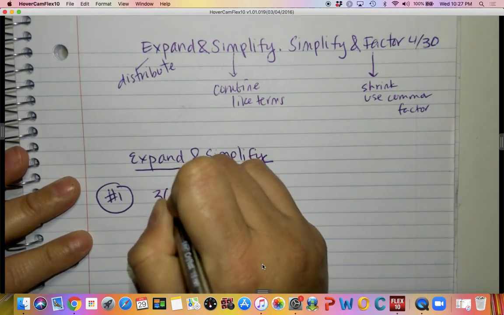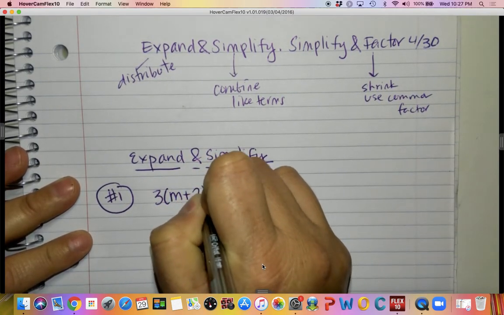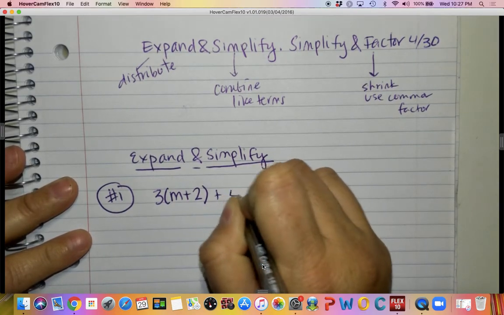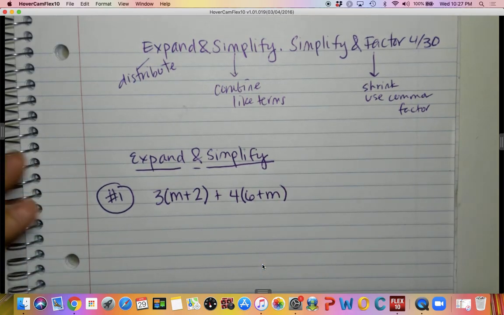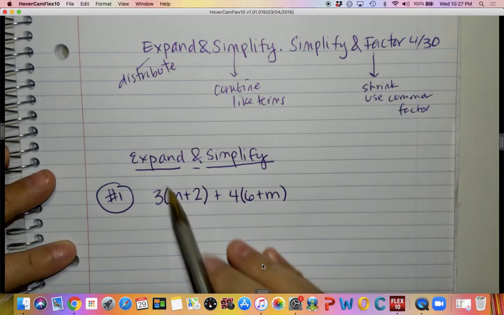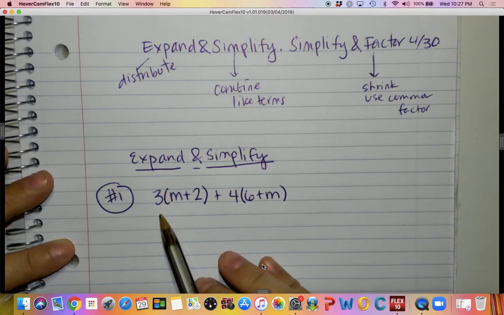is 3 times m plus 2 plus 4 times 6 plus m. So the first thing we're going to do is expand it, or distribute it.